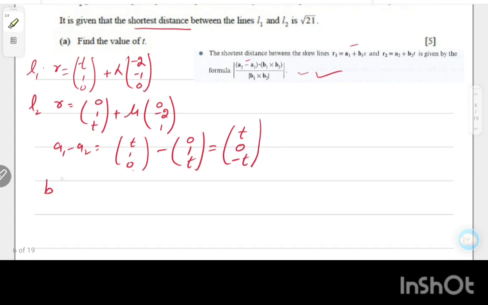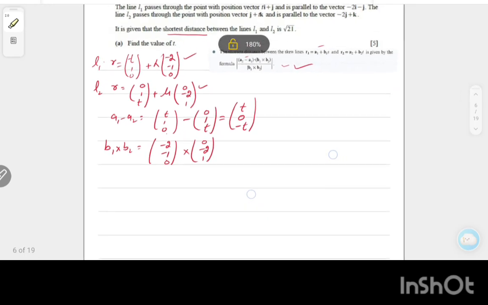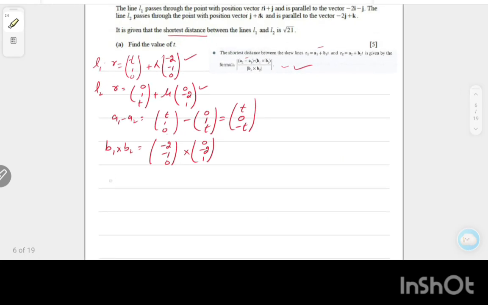Now the second one is b1 cross b2. What is b1? b1 is minus 2, minus 1 and 0. This is our b1 and this is b2, which is 0, minus 2, 1. Okay, so we know the cross product of b1 cross b2. We write i, j and k.